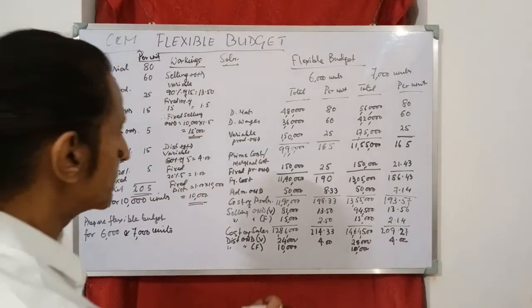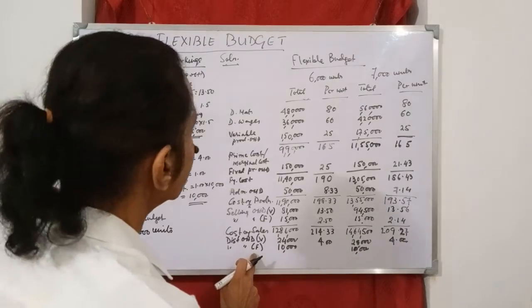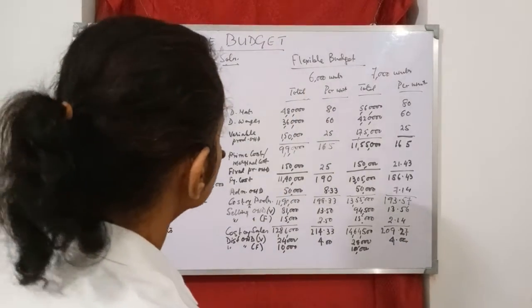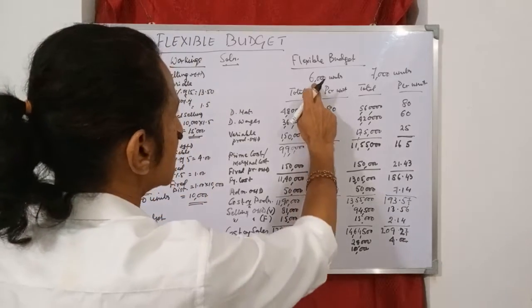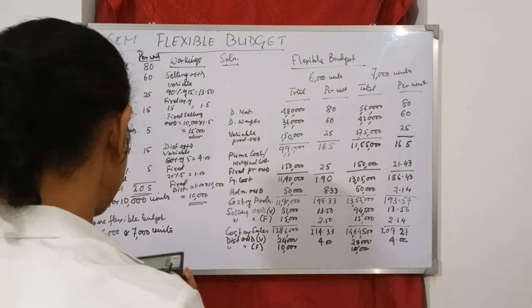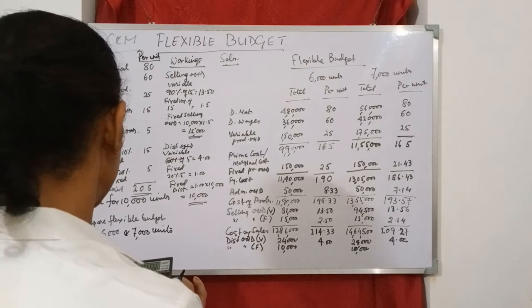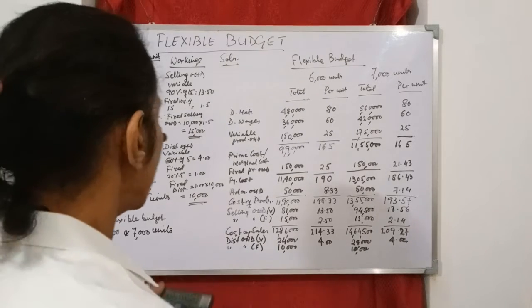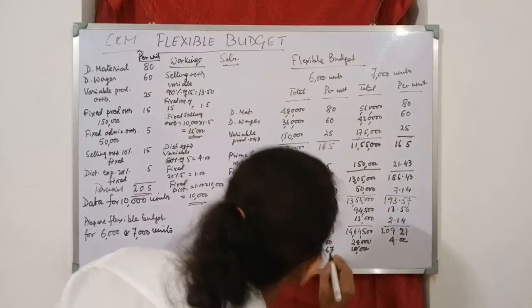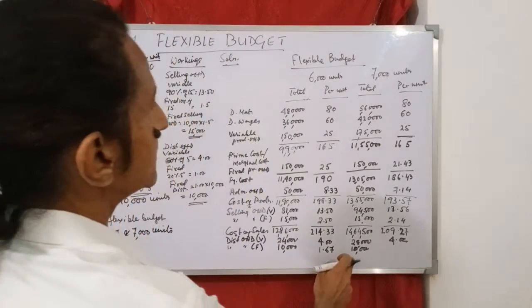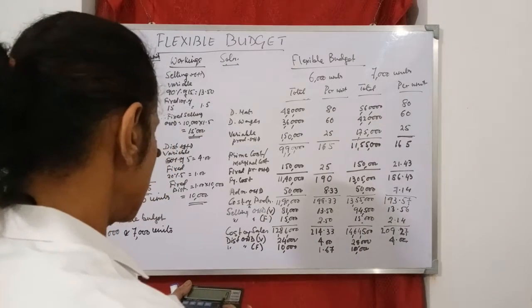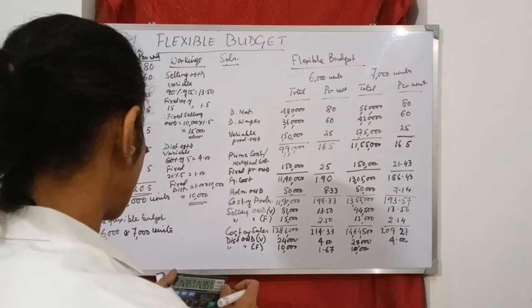To find the fixed distribution overhead per unit for 6,000 units, we divide 10,000 by 6,000. So 10 divided by 6 comes to 1.67, and here 10,000 divided by 7,000, that is 10 divided by 7, comes to 1.43.